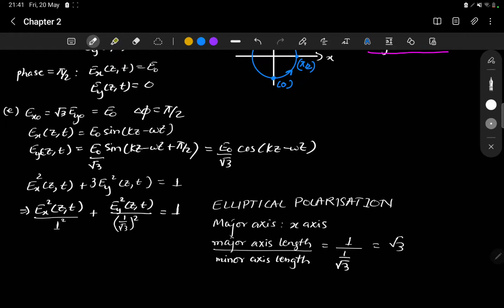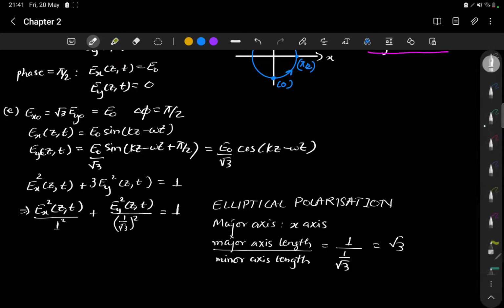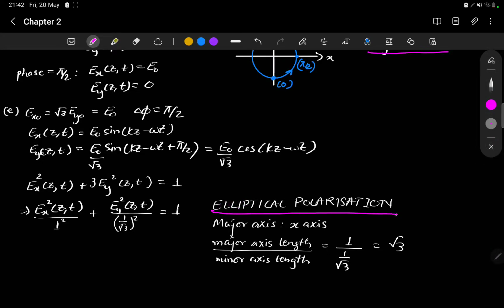So this is the polarization state. Elliptical polarization, major axis along x-axis, and the ratio of the major axis to minor axis length is given as root 3. So let us draw this on the axis.